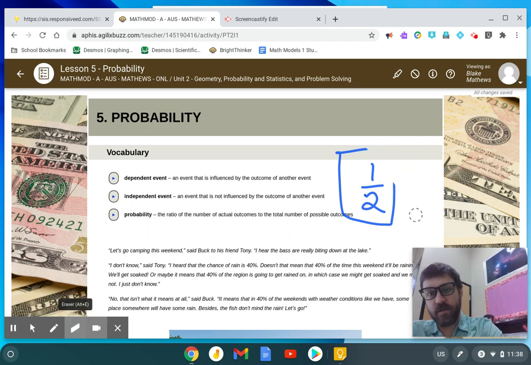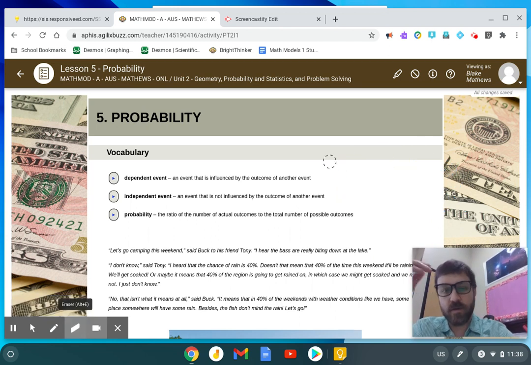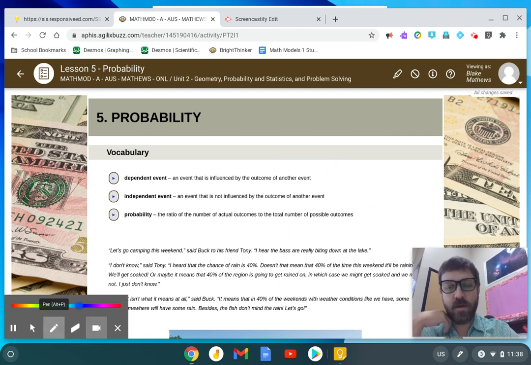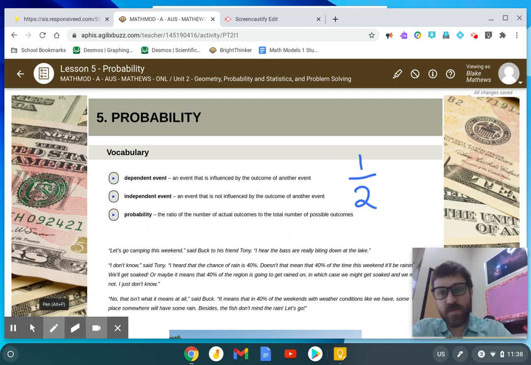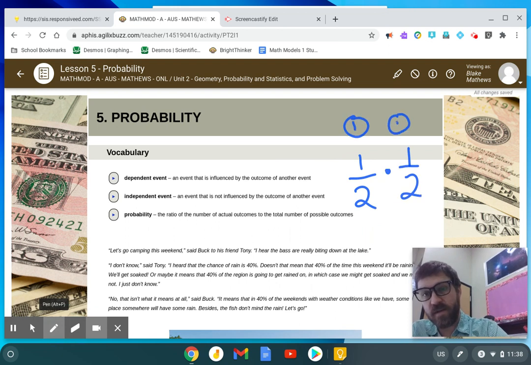What we're going to be doing is looking at different events and the probability of multiple events occurring. So in probability, when multiple events occur, like heads and then heads again, if I flipped a coin twice, what's the probability of getting heads both times?